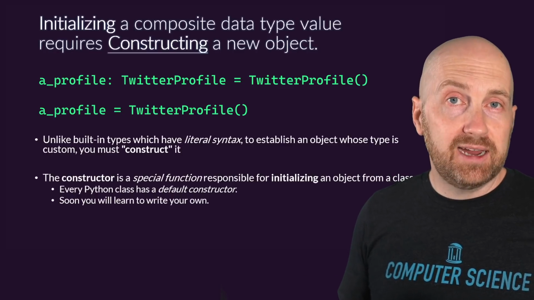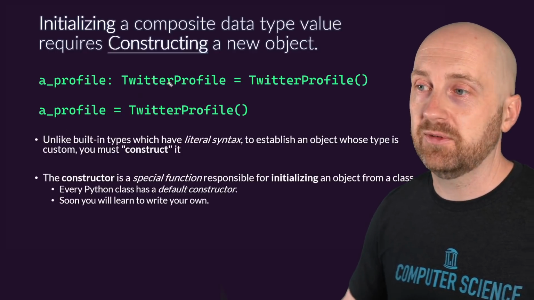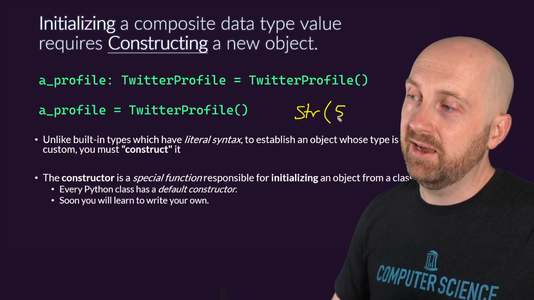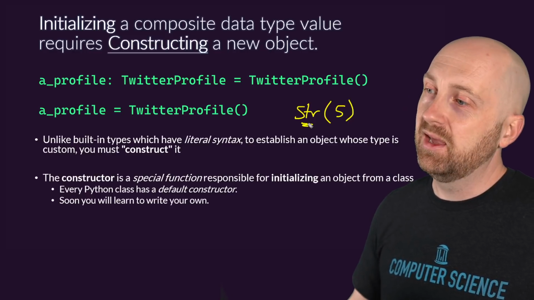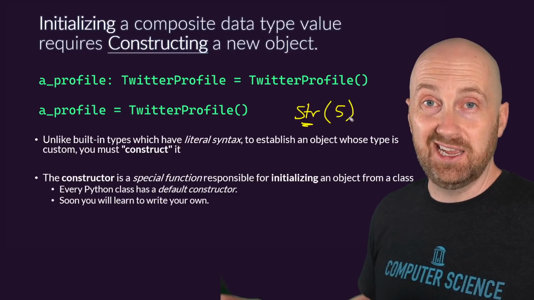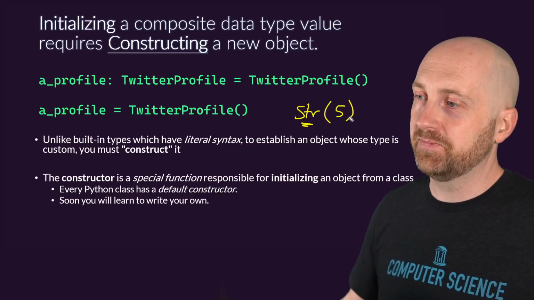You've actually interacted with constructors before, though, when we've converted types from one another, right? So when you said str of 5, str is the constructor for the string type, and that constructor is established such that it can take an integer or a float and convert that value into a string representation.